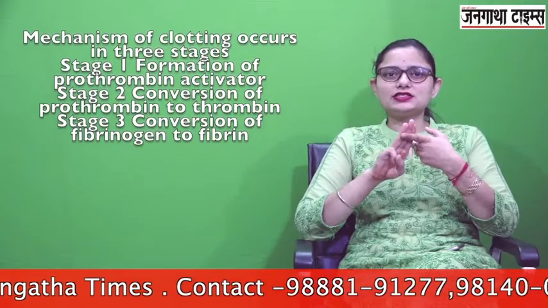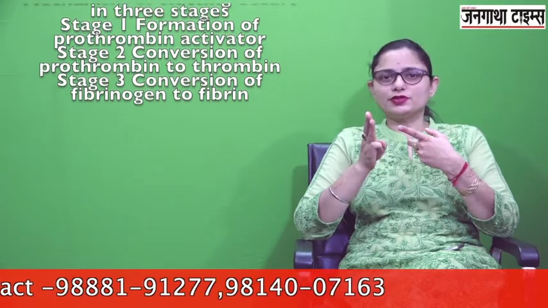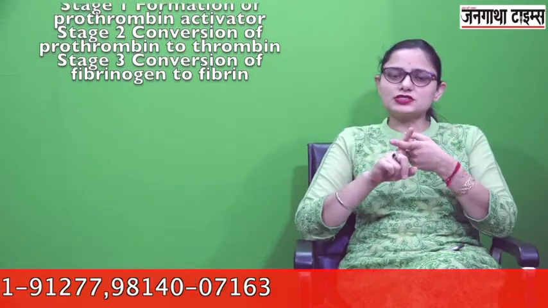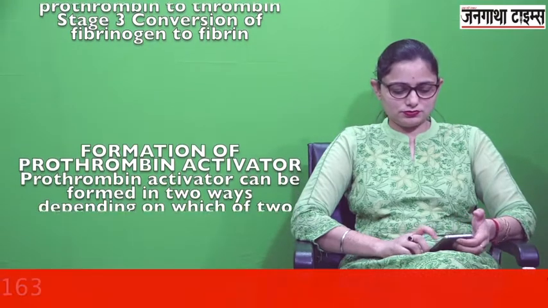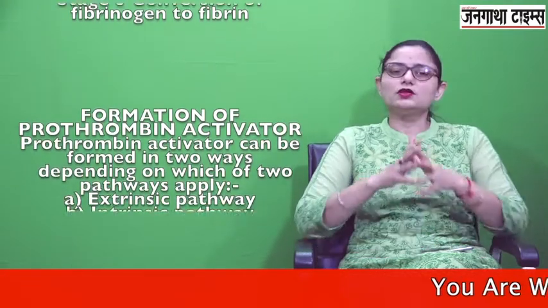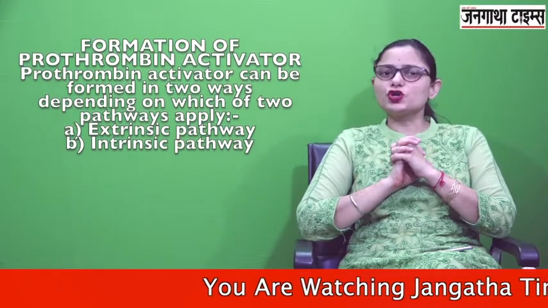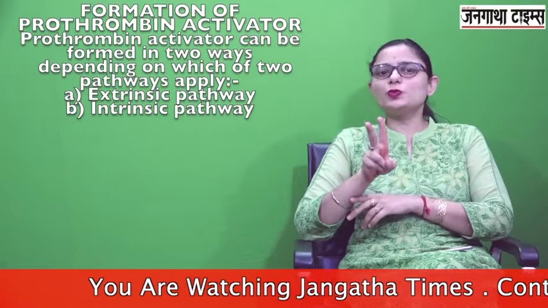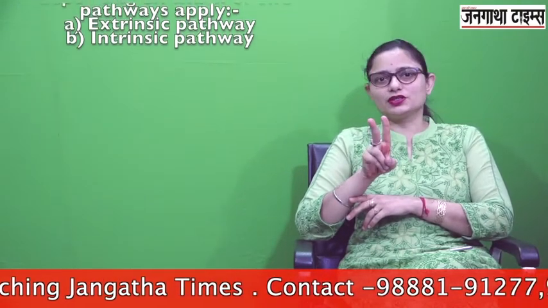And in the third stage, fibrinogen is converted to fibrin. Now the first stage, that is the activation of prothrombin activator, includes two pathways, the extrinsic pathway and the intrinsic pathway.